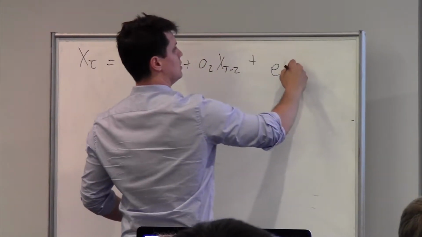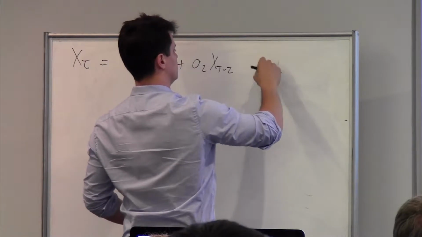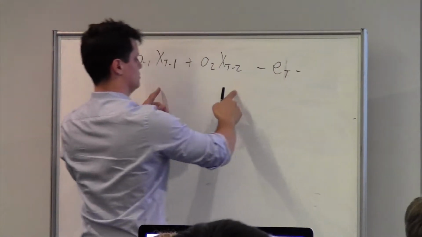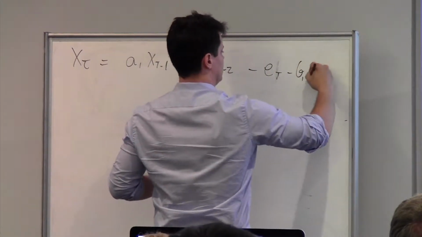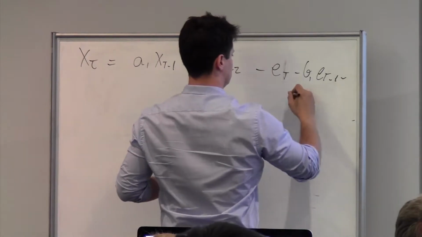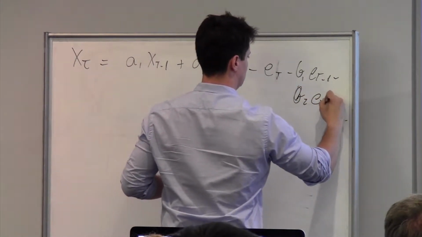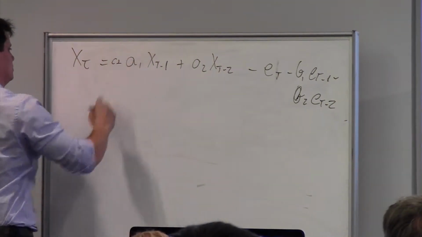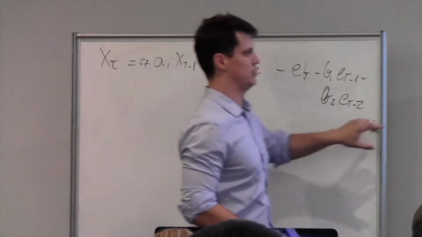Actually, that sign is wrong there. There's a convention to use minus b1 et minus 1 minus b2 et minus 2. There's some confusion.